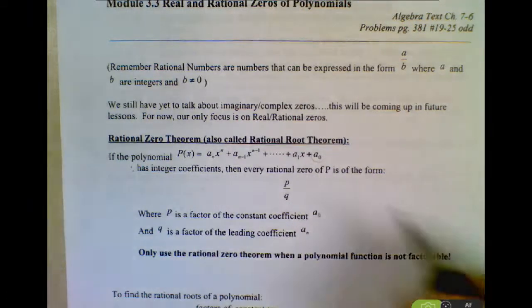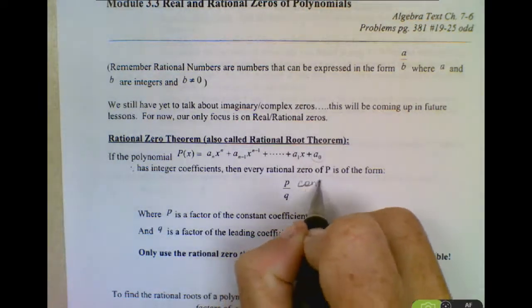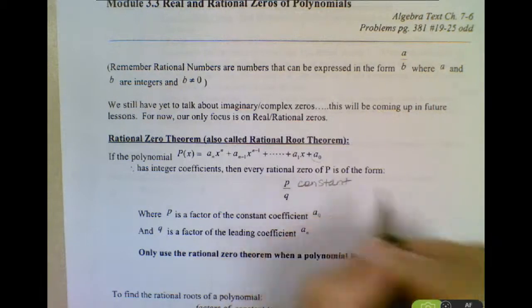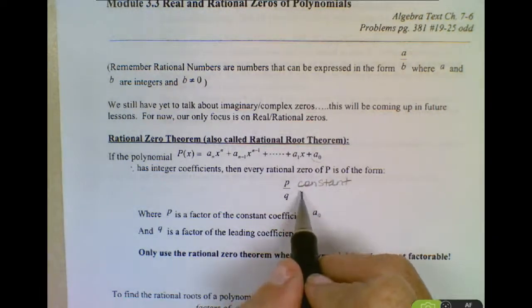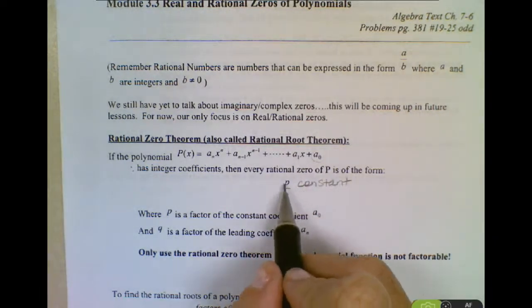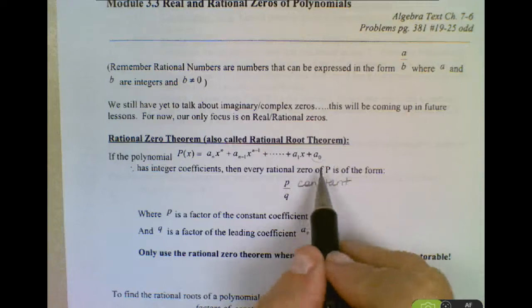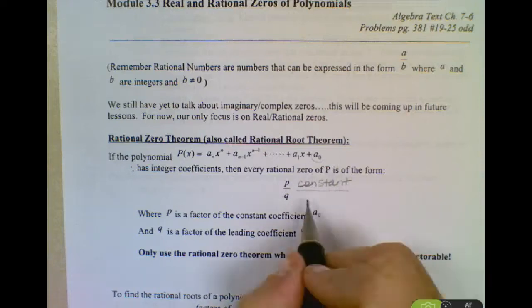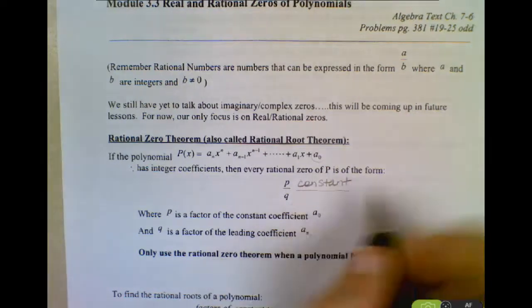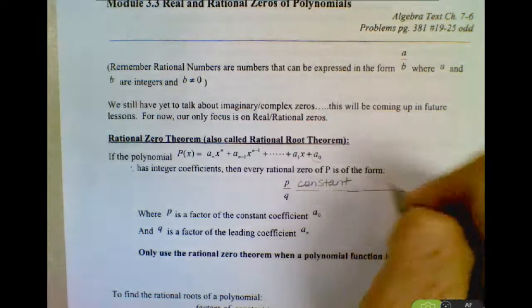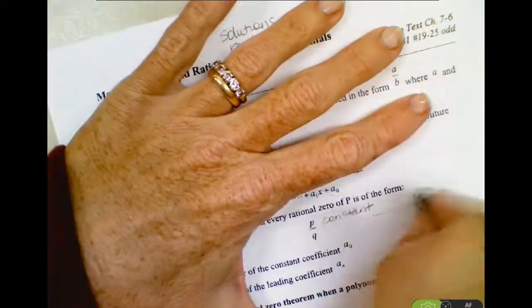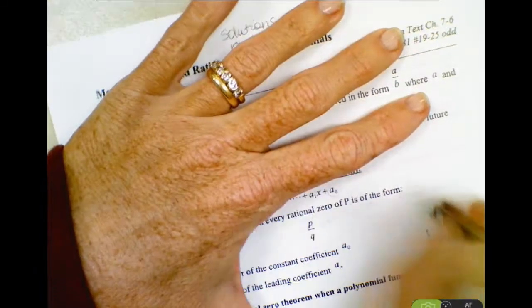So in this big long polynomial, this is your constant, which is your p, and the q value, they use p and q for this. Let me explain that a little better.